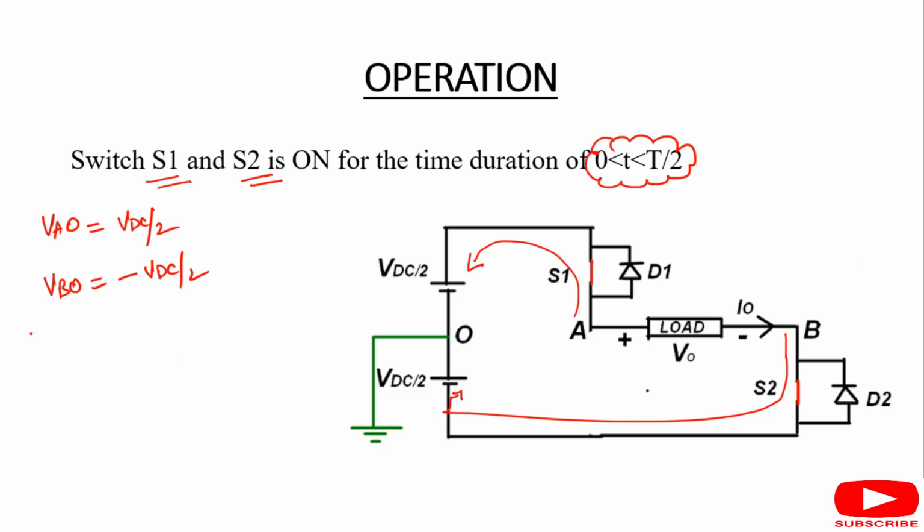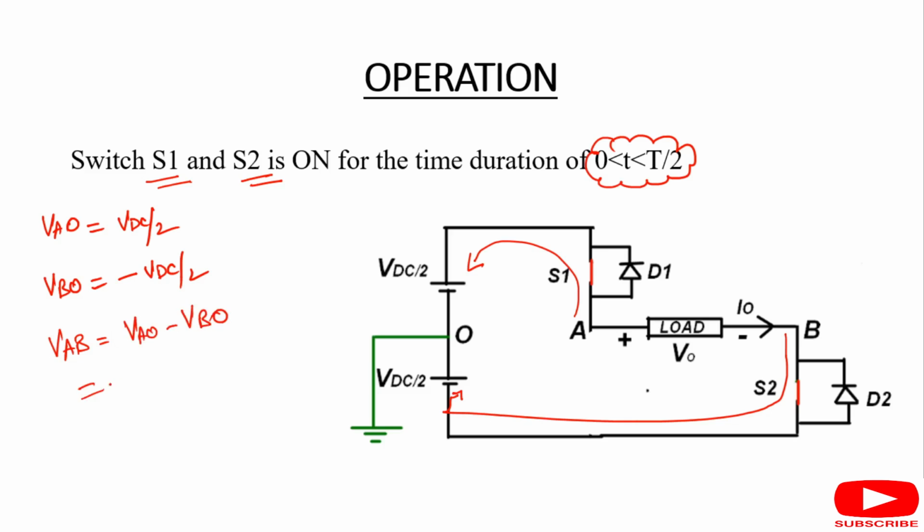So what about the load voltage at the output during the switching operation of S1 and S2? The output voltage VAB will be the difference between the pole voltages VAO and VBO.